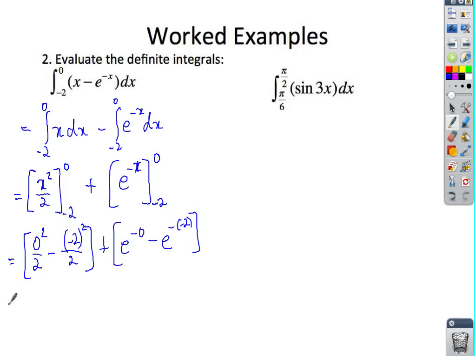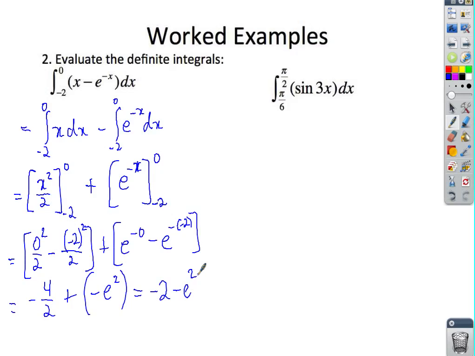And in the next step of our answer, the first term in the square brackets is just going to be 0 minus 4 over 2, right? And then in the second set of brackets, it becomes plus, we put negative e squared, which we can write as a final answer of negative 2 minus e squared. And that would be your final answer, the definite integral.